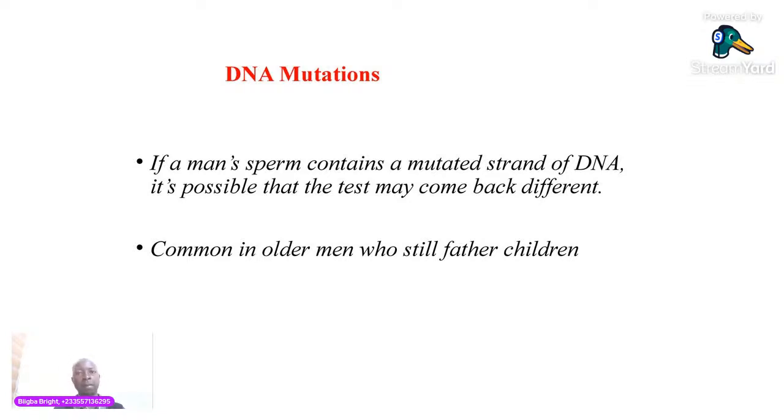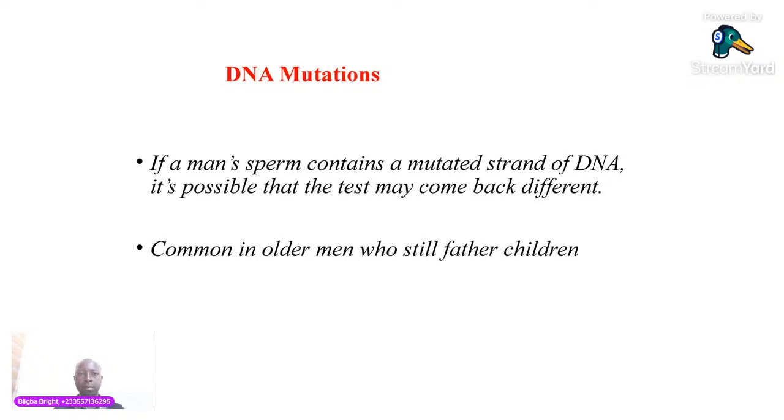And so when that happens, later on when you test, the child may not have an exact match with the father's DNA, even though the father is the real father. This happens in older men, 70 years and above, who are still bearing children, because mutation increases with age.